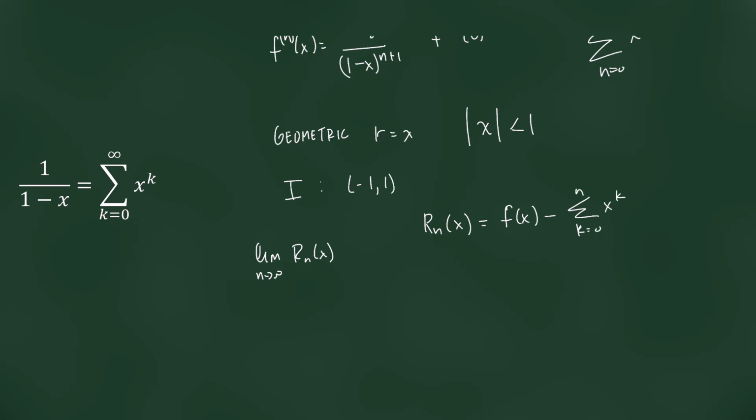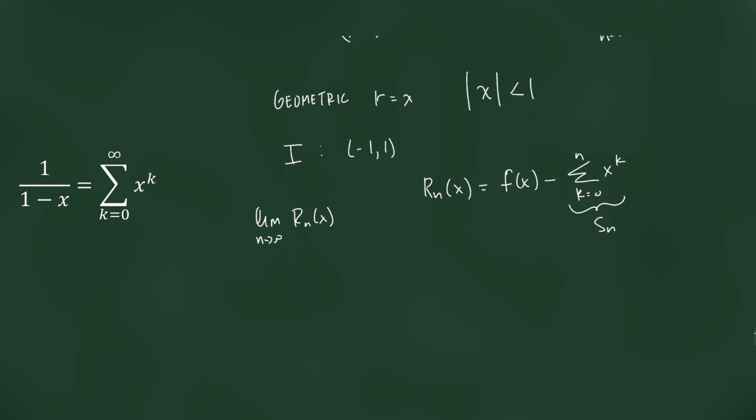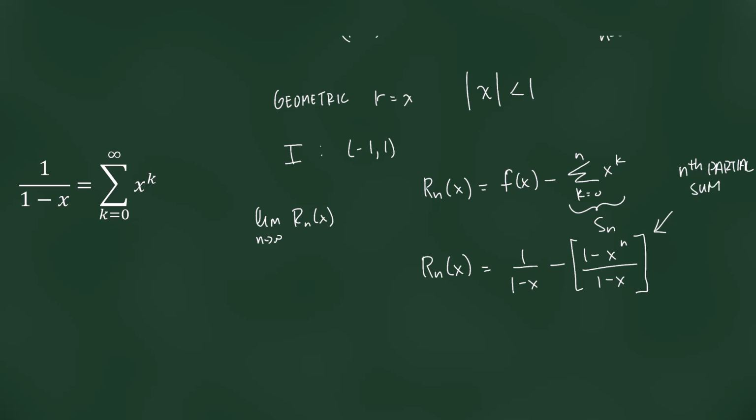This is the nth partial sum for a geometric series. We have a formula for that. So the remainder here is going to be f of x, that's our 1 over 1 minus x, minus the nth partial sum, but that's just 1 minus x to the n over 1 minus x. This is the formula for the nth partial sum of a geometric series.